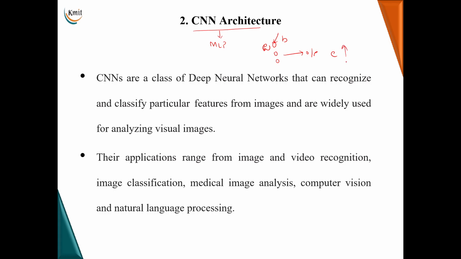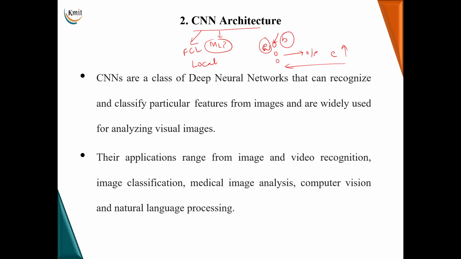If the error is high, I'll backpropagate through the hidden layers to update these weights and biases to reduce the error. So this process, same as in MLP, is the same in CNN architecture also. The only difference is that in CNN architecture we don't make use of fully connected layers. Instead we make use of locally connected layers, that we will understand when we move on to the next topics.